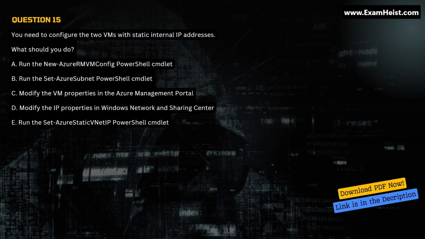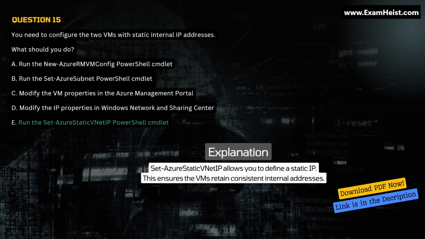D. Modify the IP properties in Windows Network and Sharing Center. E. Run the set Azure static VNet IP PowerShell command. Correct answer is E. Explanation. Set Azure static VNet IP allows you to define a static IP. This ensures the VMs retain consistent internal addresses.